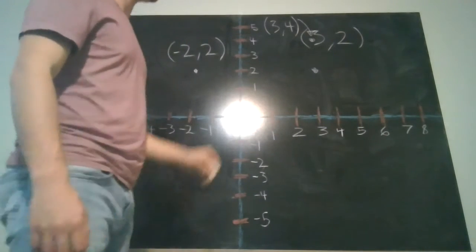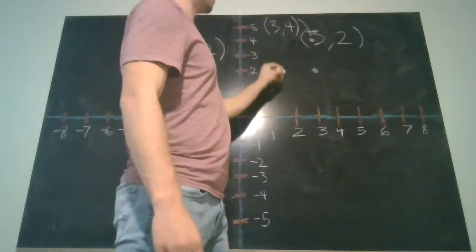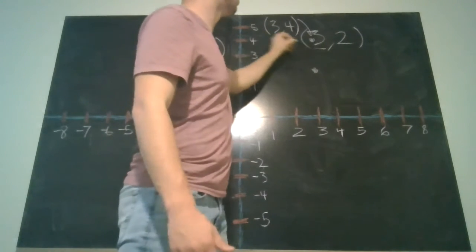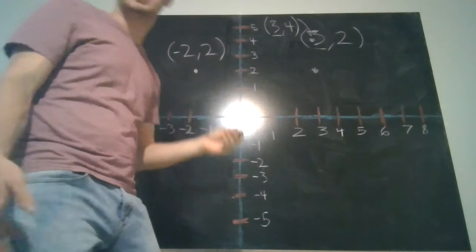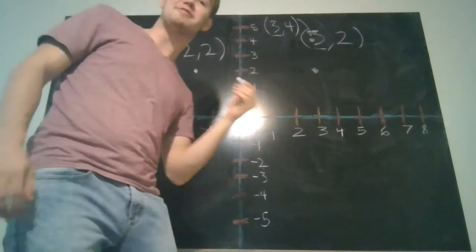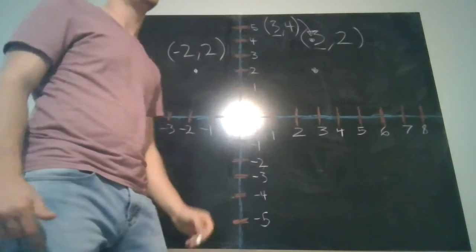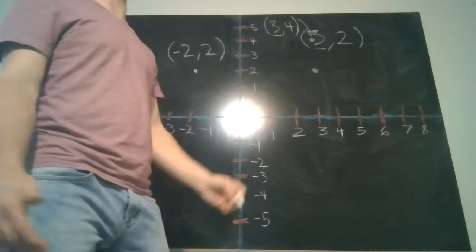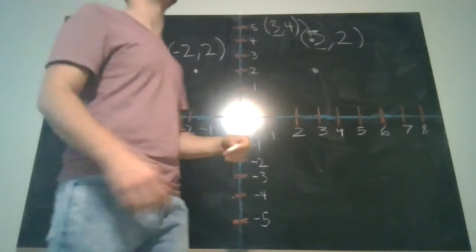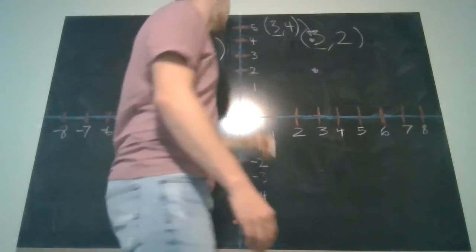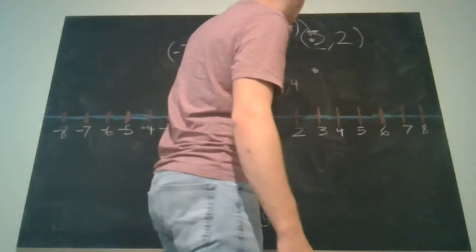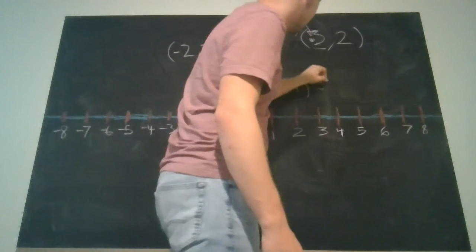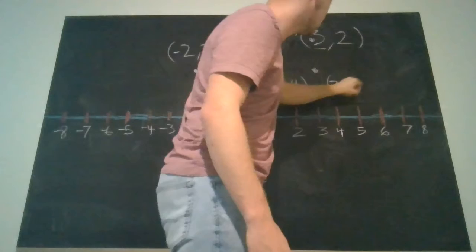So, if the x-coordinates of 2 points are the same, like (3, 2) and (3, 4), then the distance between them is equal to the difference in their y-coordinates. I guess the absolute value of that, I don't know if you've learned that yet, but it basically means if it's negative, make it positive. So we would have (3, 4) minus (3, 2).